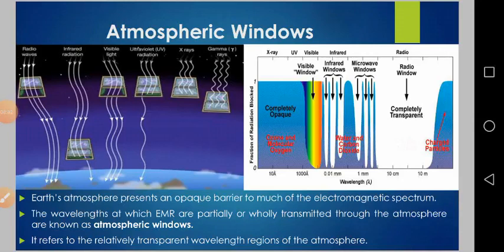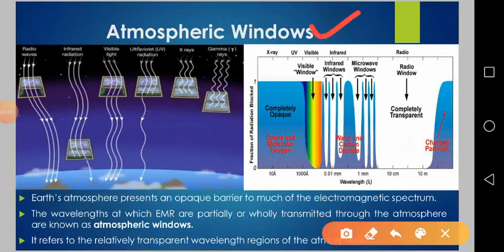So here the figure indicates the visible window, infrared windows, microwave windows, and radio wave windows, which are indicated along with the wavelength.